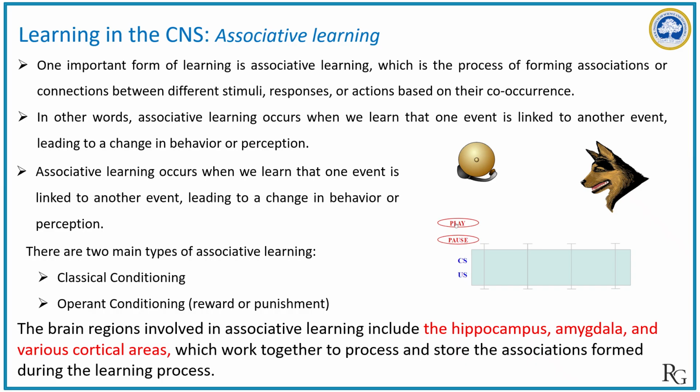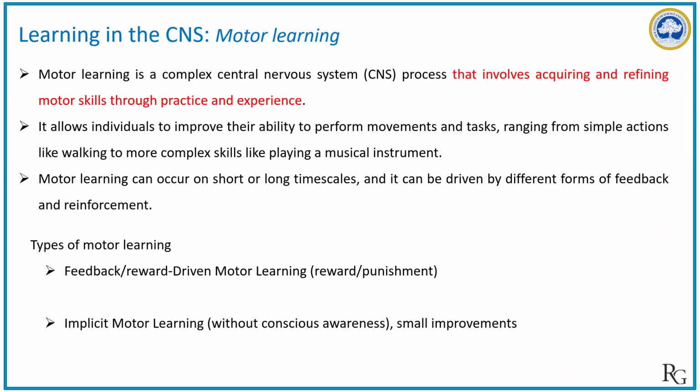Inside a special box, there is a lever that the rat can press, and whenever it presses the lever, it receives food. At first the rat pressed it by accident, but soon the rat realized that pressing that lever is equivalent to getting a reward. So the rat started pressing.